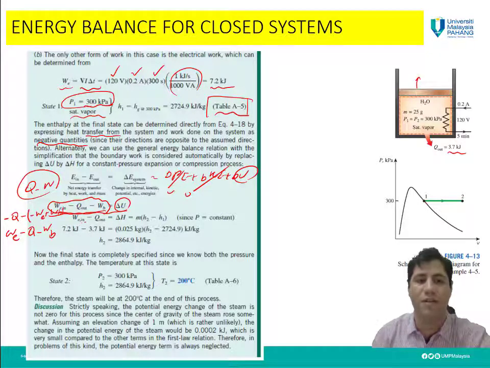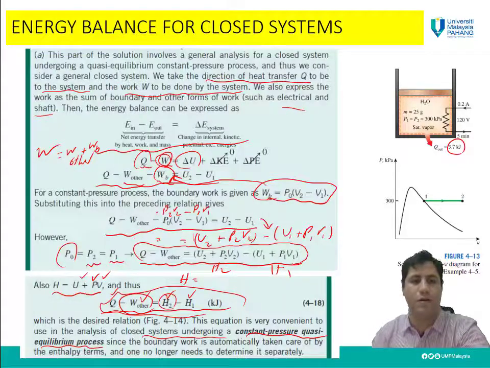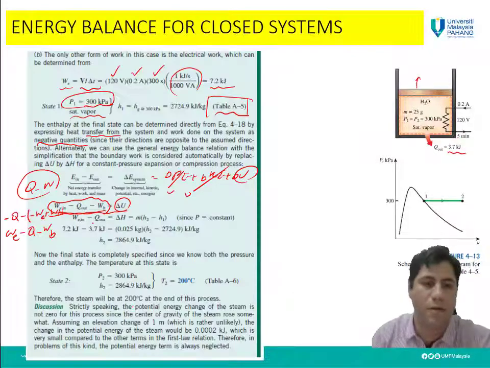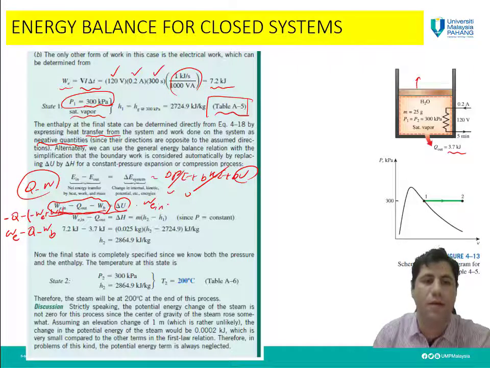And we have already found here that WE in minus Q out will be delta H. If you remember, if we simply take W in minus Q, and bring WB here, WE in minus Q out is the equation, and delta U plus WB.